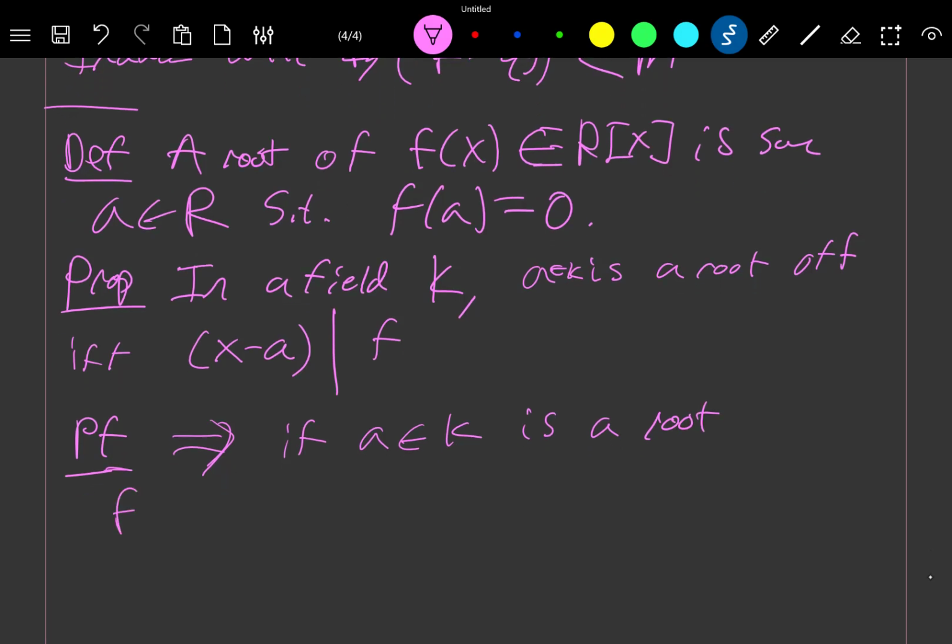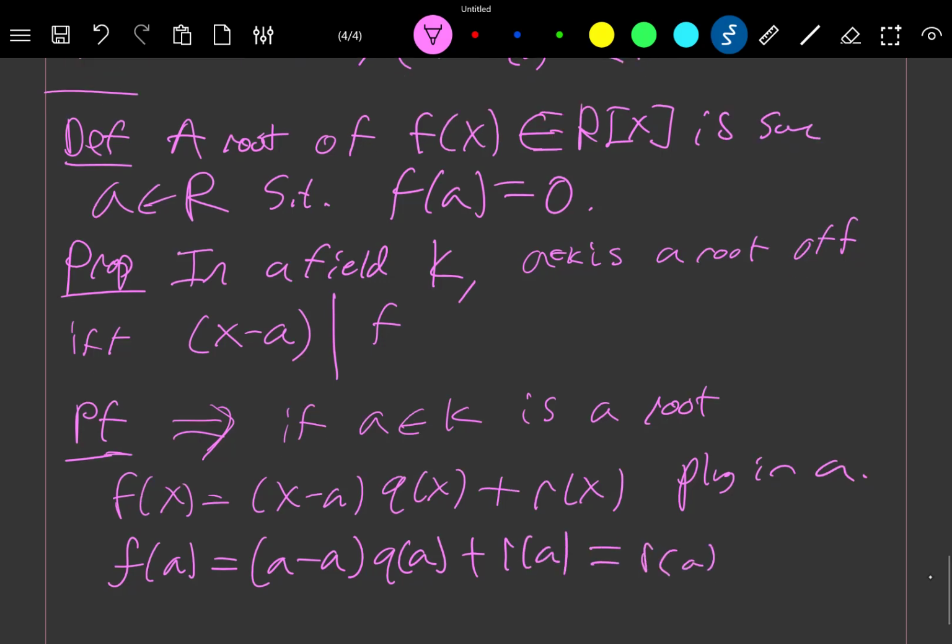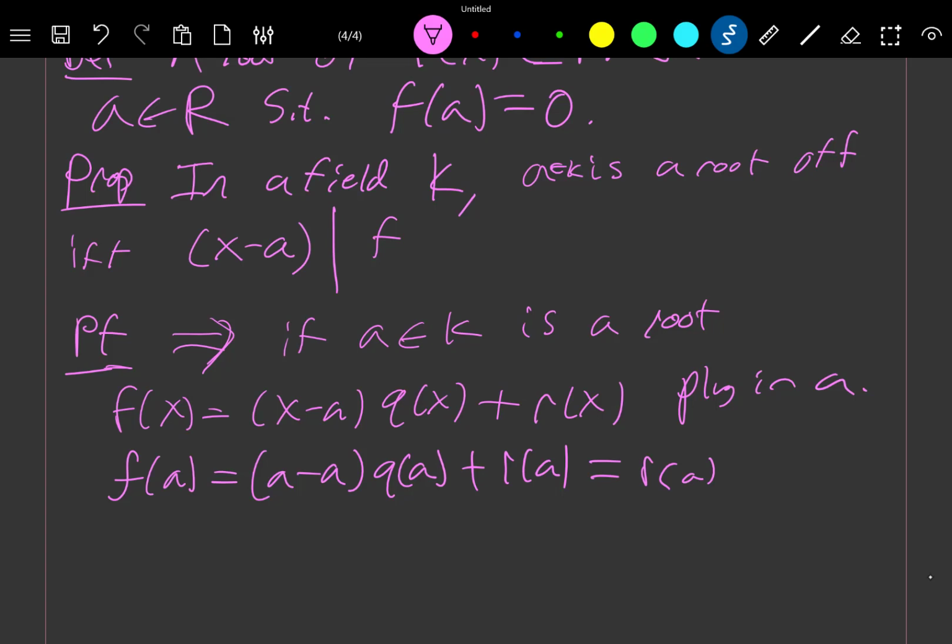Then we have that f of x is x minus a times something plus r of x. So this is some q of x. Now let's plug in a. We get that f of a is a minus a times q of a plus r of a. So that's just r of a. Since a is a root, this tells us that r of a is 0.